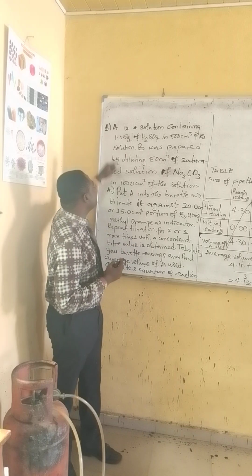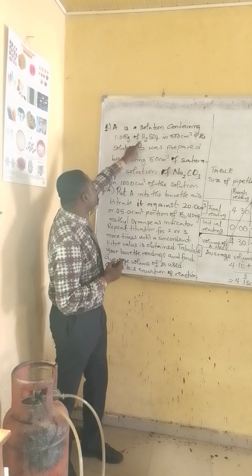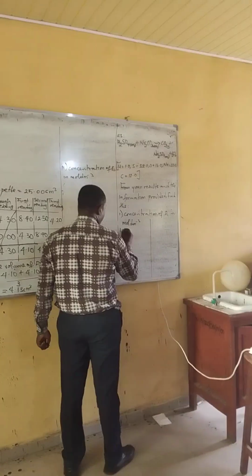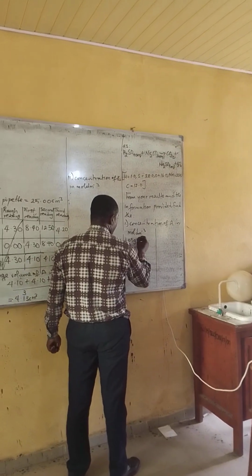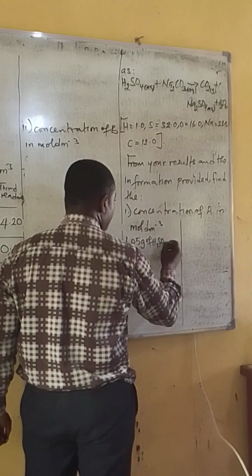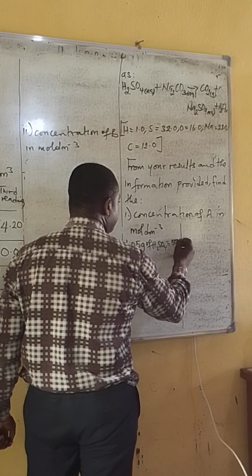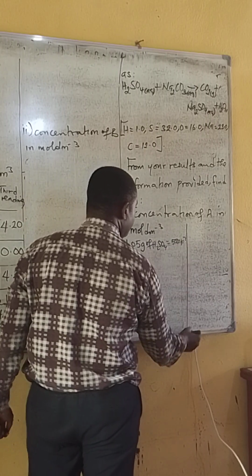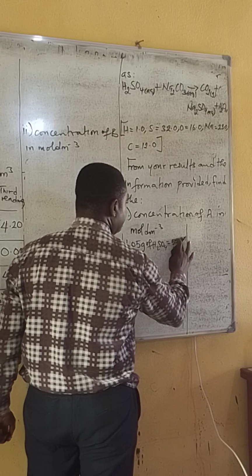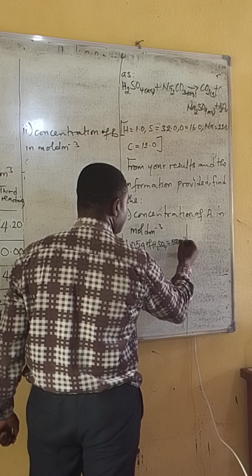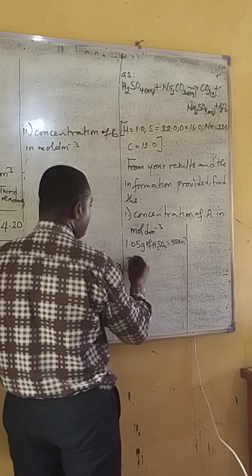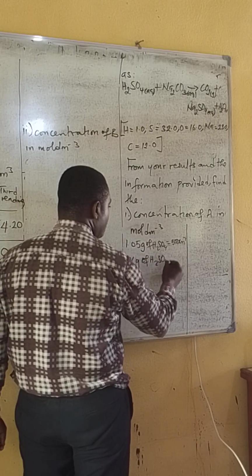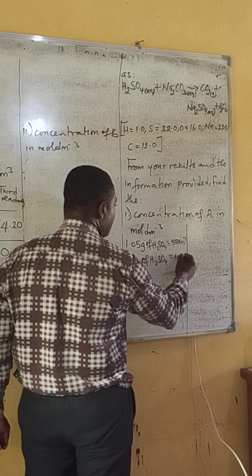You will now say 1.05 gram of H2SO4 dissolves in 500 cm3. Then, what mass of H2SO4 would dissolve in 1000 cm3?